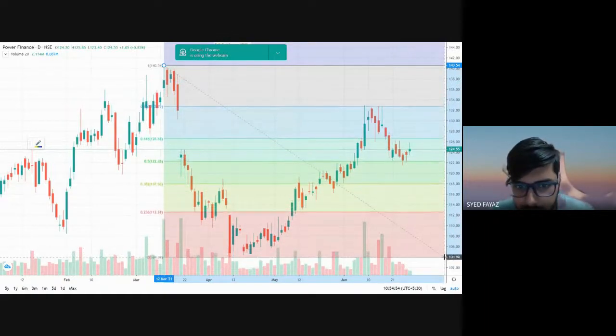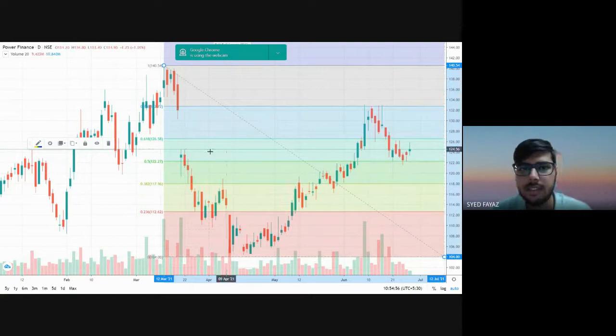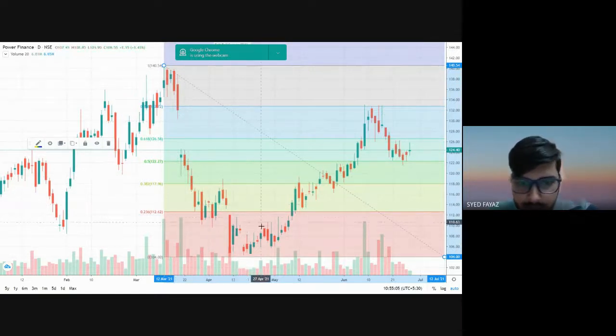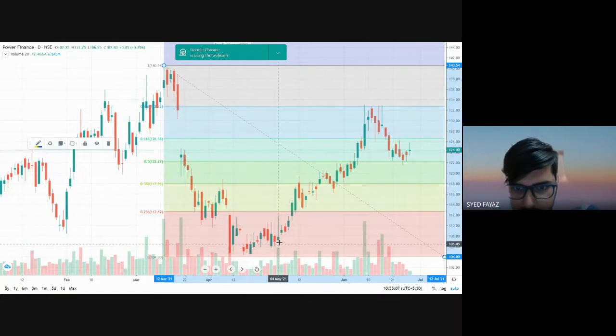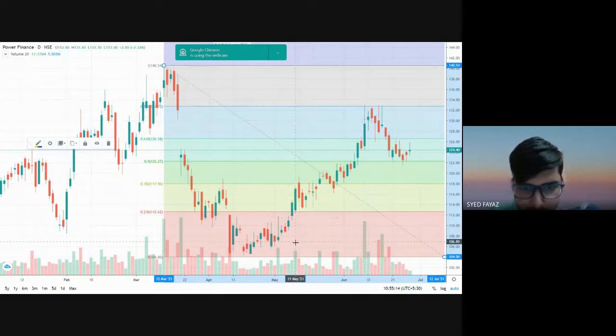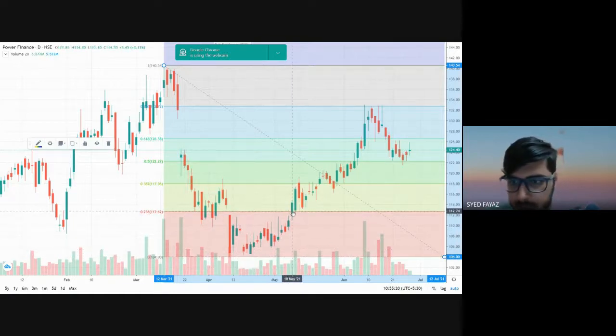As soon as there is a bearish trend going on, it again started an uptrend, a bullish uptrend. And here, if you see, the trader could have entered at this point after the stock price crossed this.